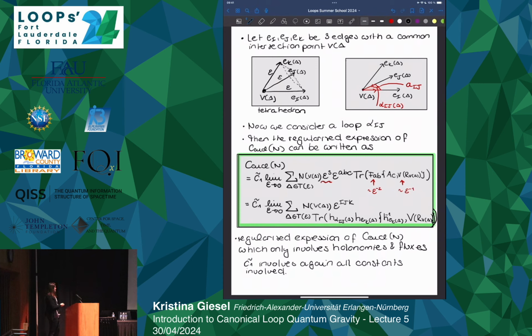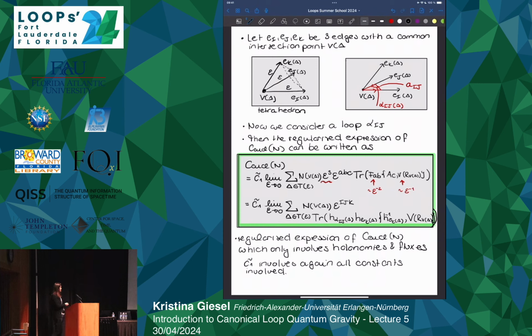And now we use that we can approximate f by holonomies, as well as these Poisson brackets. And remember, when we derived the expression of f, it was in second order of epsilon. So if we solve for f, we get an epsilon to the power minus 2. And similarly here, this relation includes some linear term in epsilon, where if we solve for the Poisson bracket on the left-hand side, we get an epsilon to the power minus 1, so that those exactly cancel.